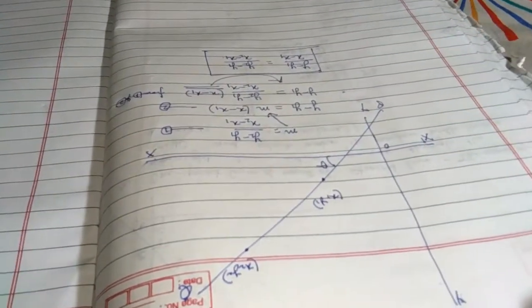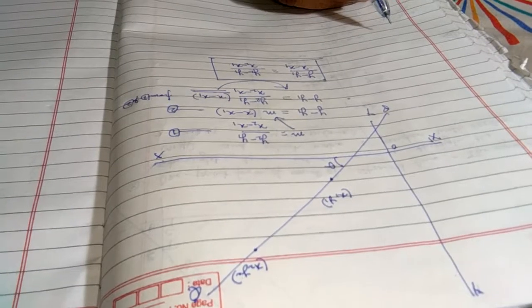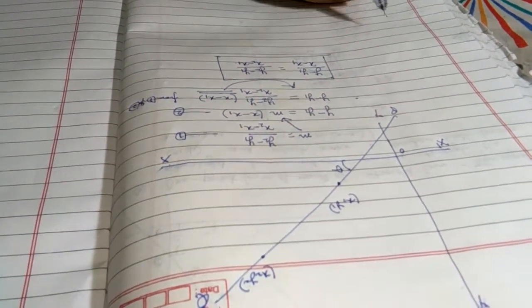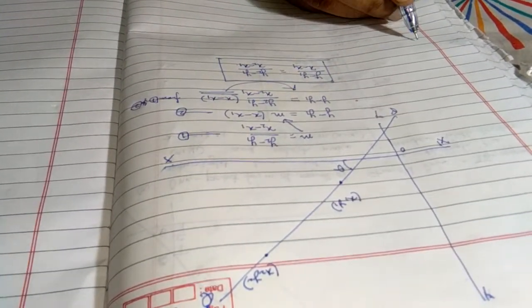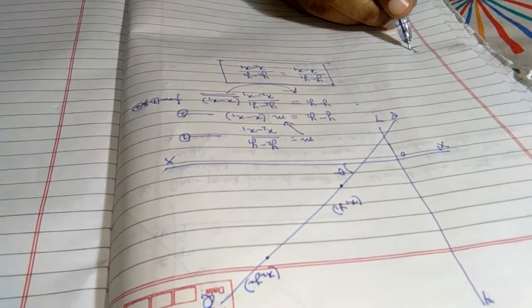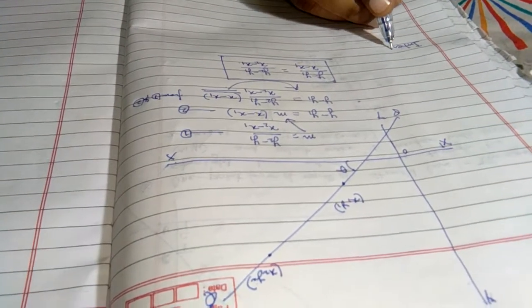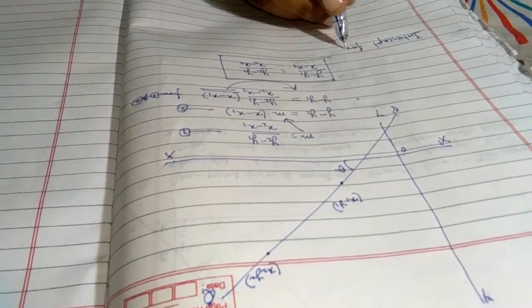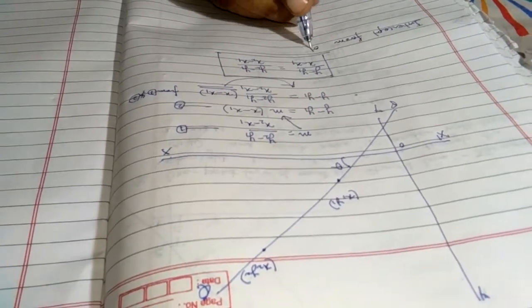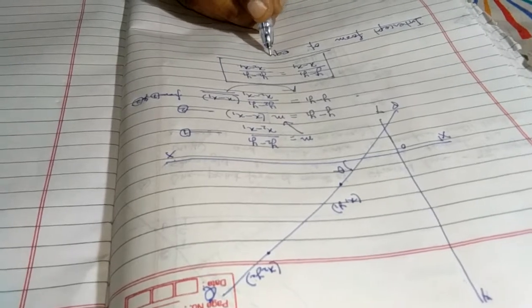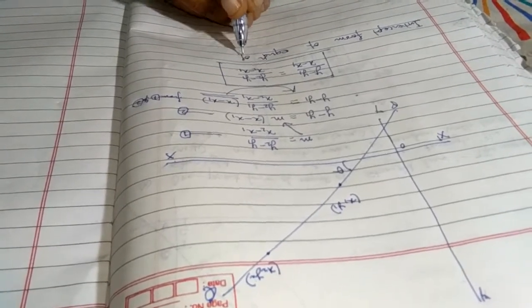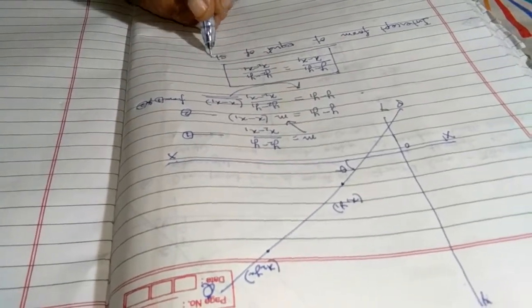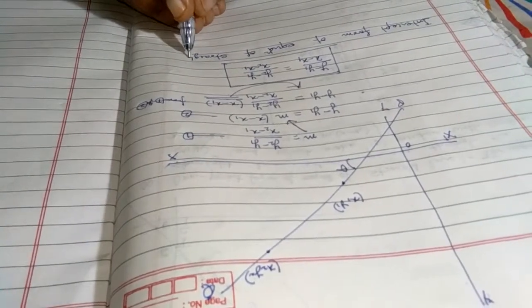Now we are coming to another form of a straight line, that is intercept form. Intercept form of equation of a straight line.